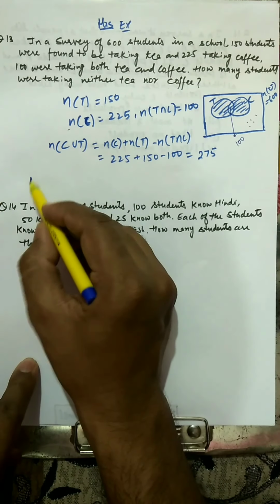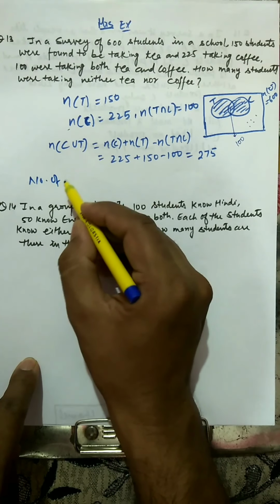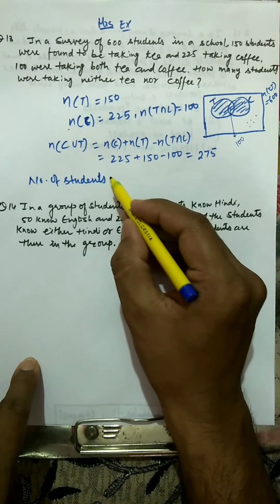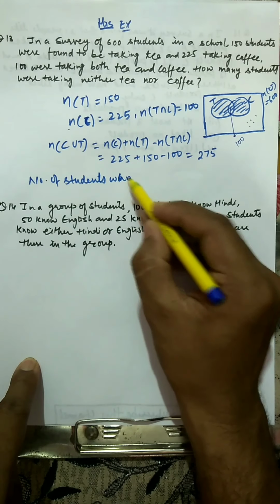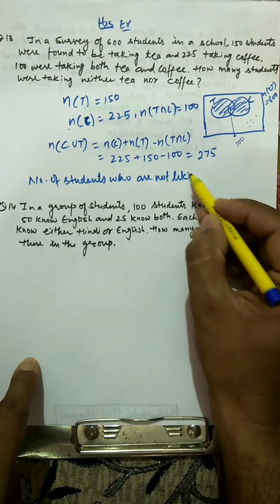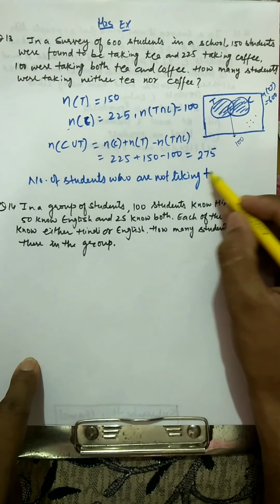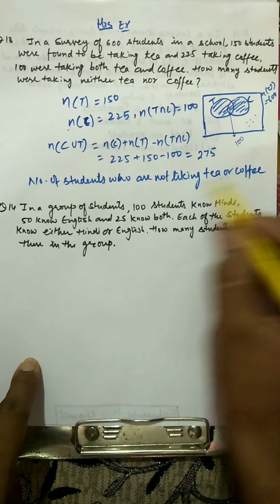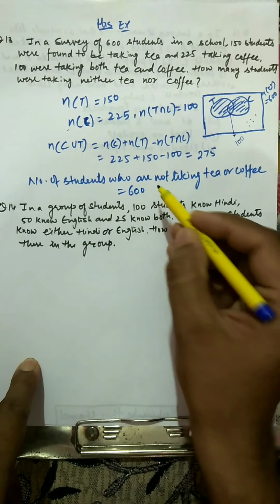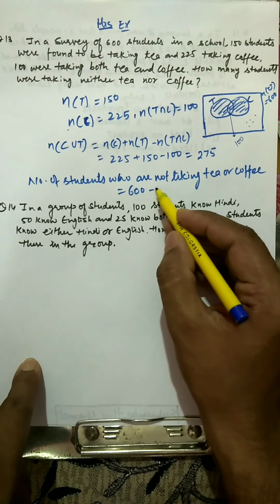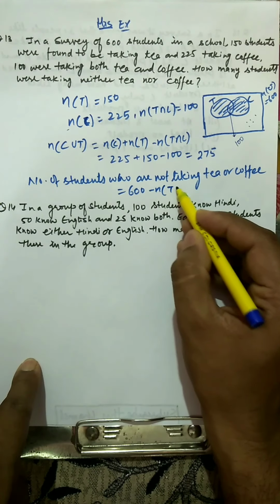So the number of students who are not liking tea or coffee will be 600 minus, you subtract from the complete universal set, this n(T union C).